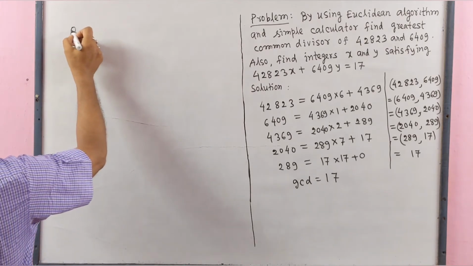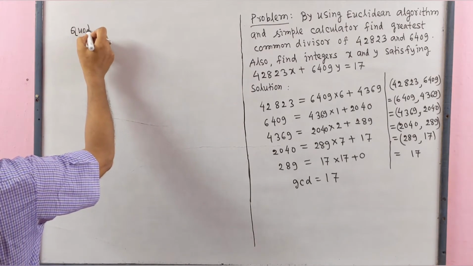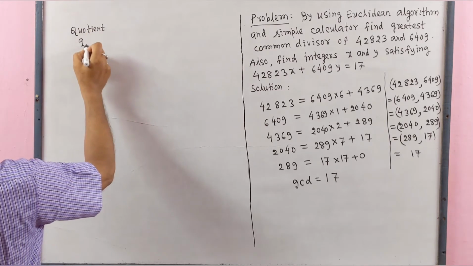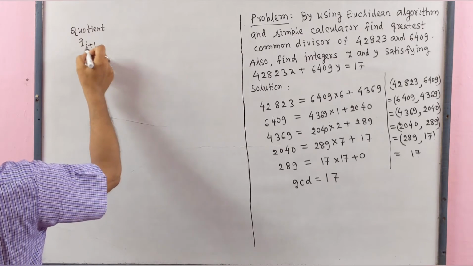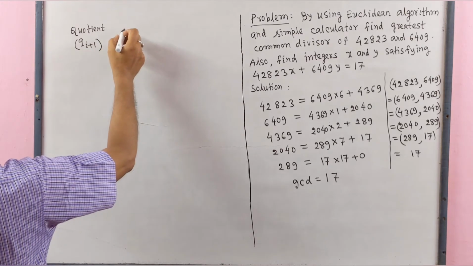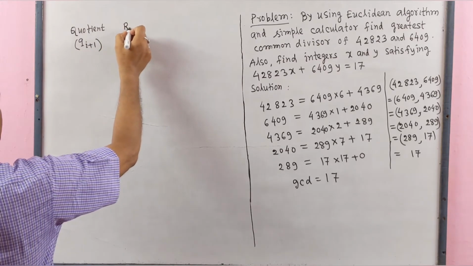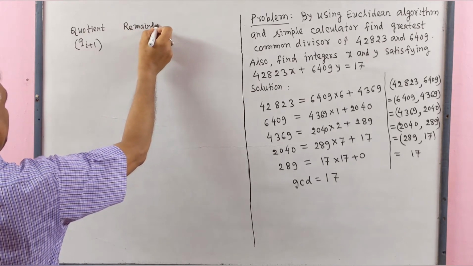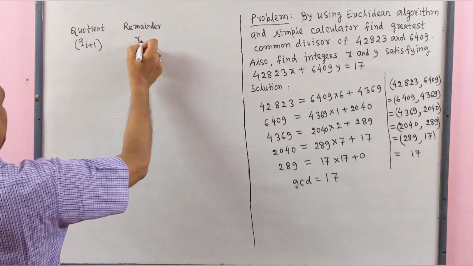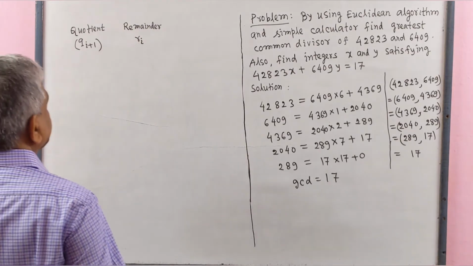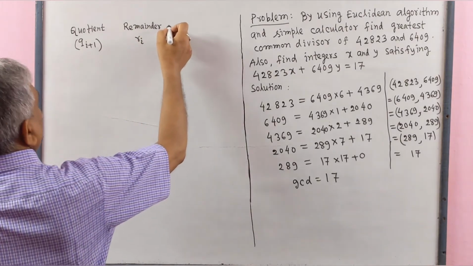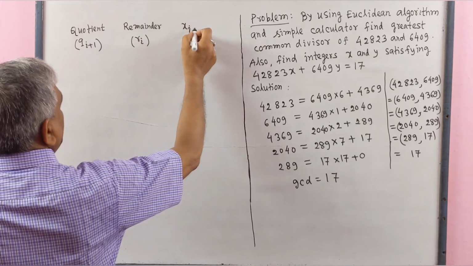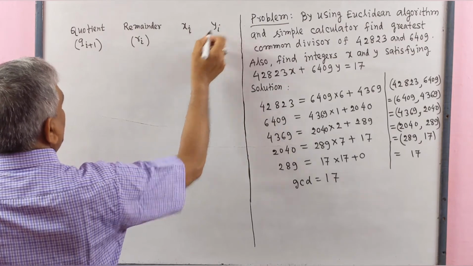Firstly, write the quotient Q i plus 1, then the remainder R i, then x i, and here y i.